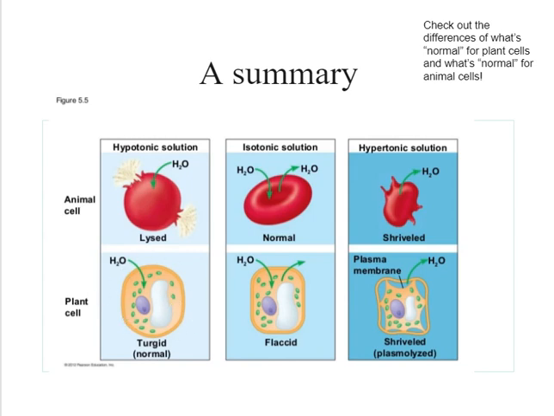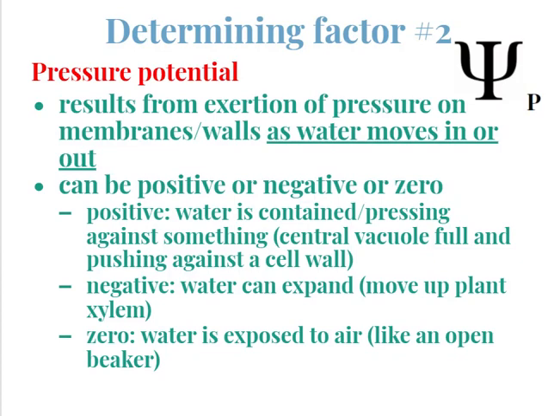Negative would be when it isn't all full and water can possibly move into a space. And zero would be whenever water is exposed to air. A lake, a stream, a river, an ocean, an open beaker or glass of water would all have values of zero.